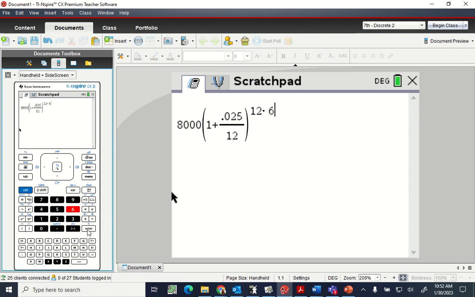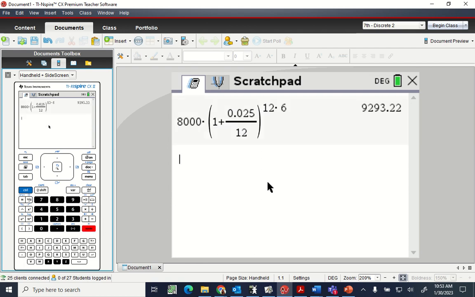And we're going to enter that. So we're going to get $9,293.22.